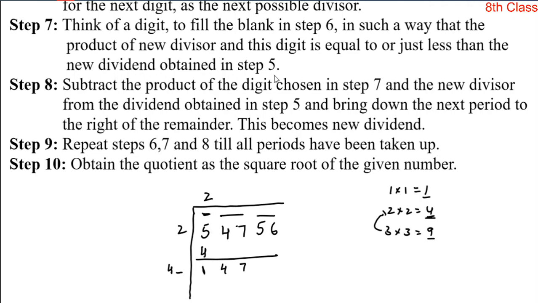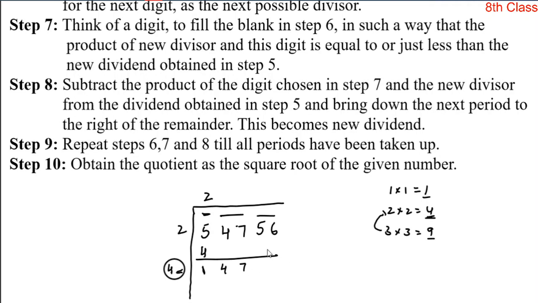So in step 5, what is the new dividend? Yes, the new dividend is 147. Now you place one digit here, and when you multiply the total number forming in this place by that digit, the product is equal to or just less than 147.